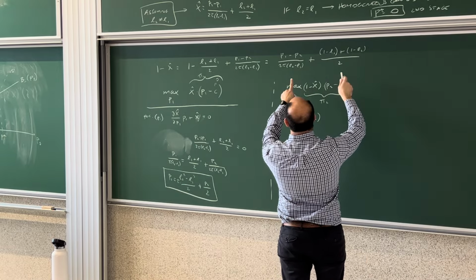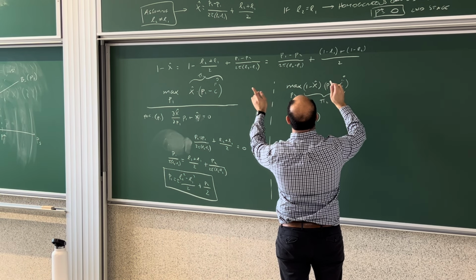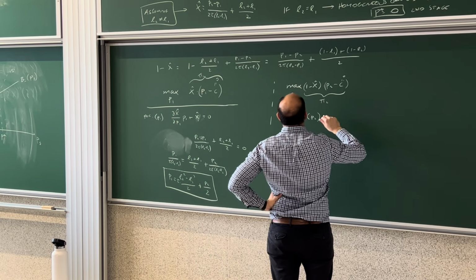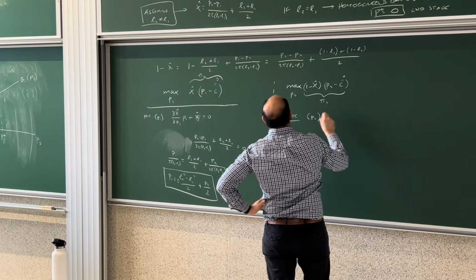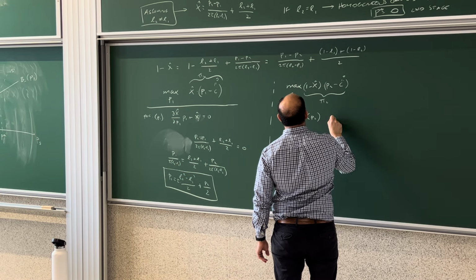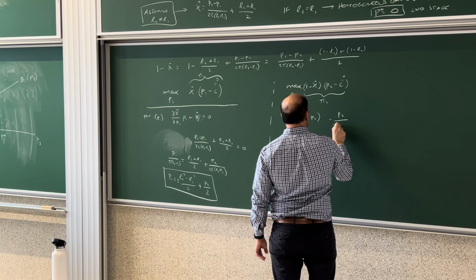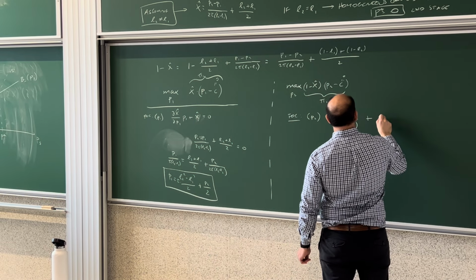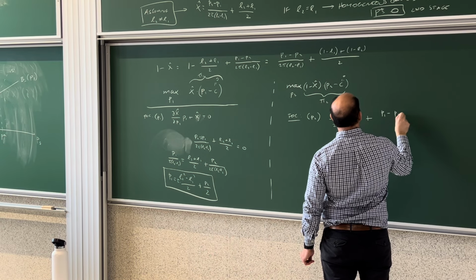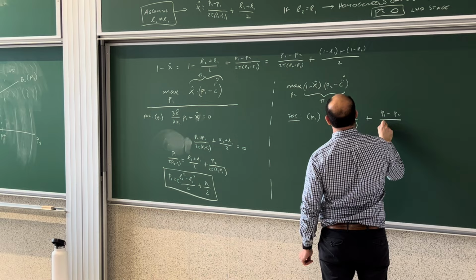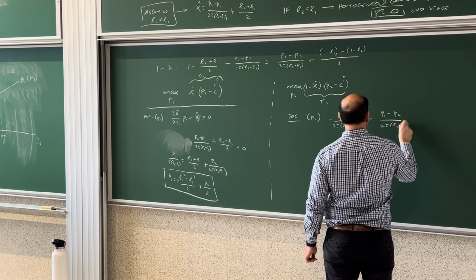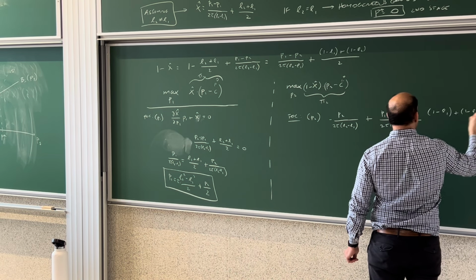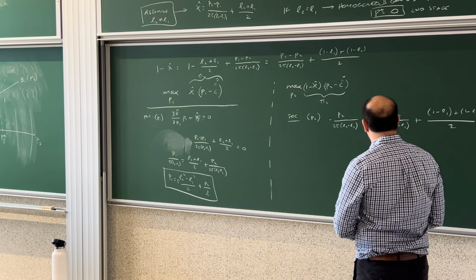And this looks exactly the same, but let's just do it, just flipping the ones and the twos, and then here we have to do 1 minus x hat. So the derivative of this is going to be minus P2 over 2 tau times L2 minus L1, plus P1 minus P2 over 2 tau times L2 minus L1, plus 1 minus L1 plus 1 minus L2 over 2, equal to 0.